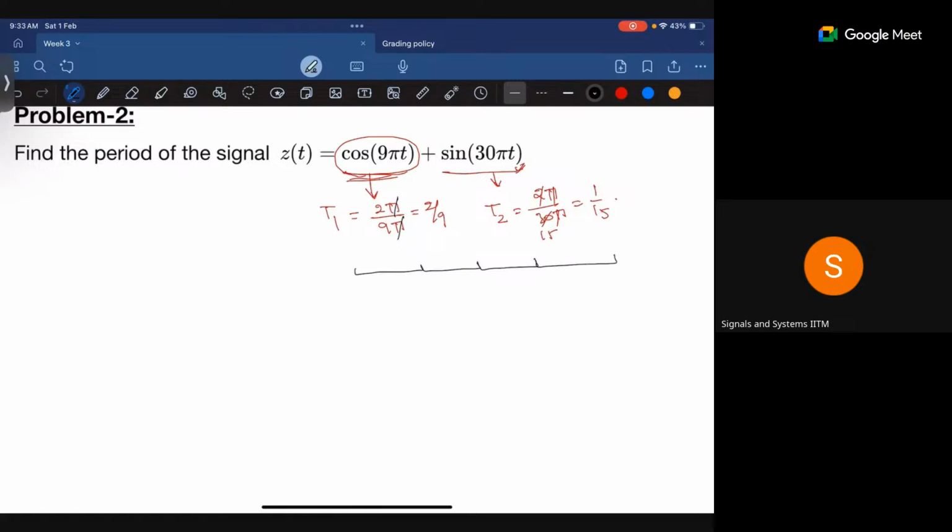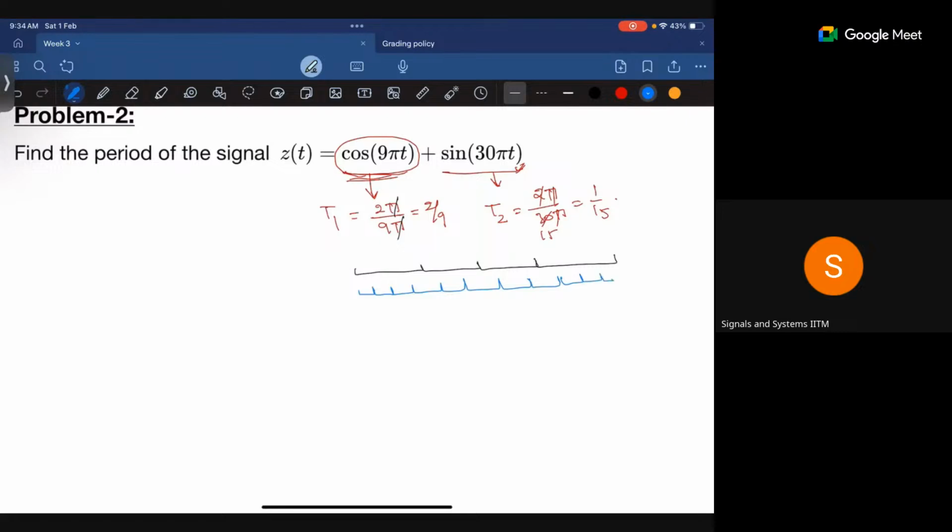Like this, cos 9 pi t will repeat, whereas sine will be like 1 by 15, 1 by 15, 1 by 15. So sine 30 pi will repeat like this.